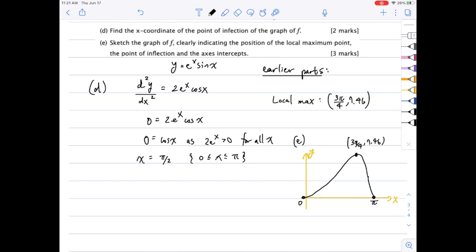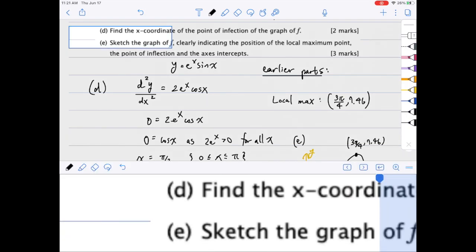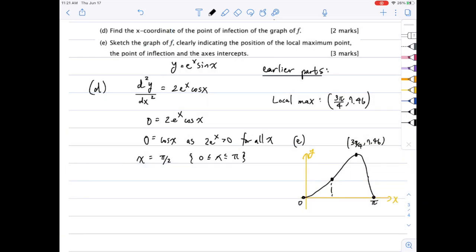And then the only thing left now is somewhere in between, you're going to have your inflection point. My scale was kind of off here, sorry about that. Let's fix that. So maybe the inflection point is somewhere here.